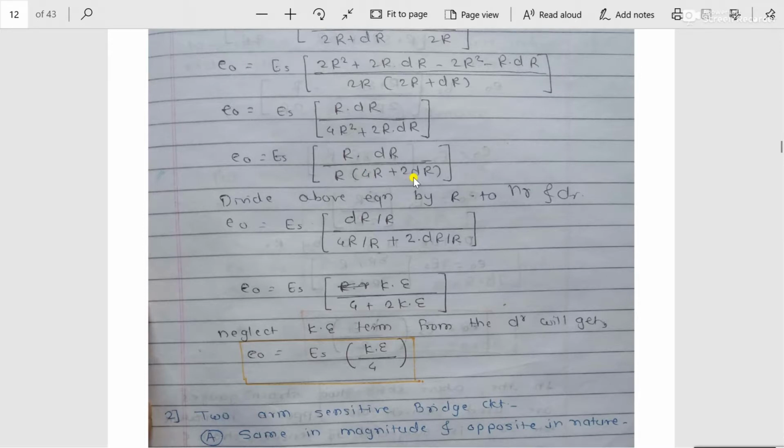But whatever delta r terms are present in this E0 equation, that E0 equation I have to calculate in the form of k into epsilon, because from the gauge factor we have derived one small formula, that is delta r upon r is equal to k into epsilon.